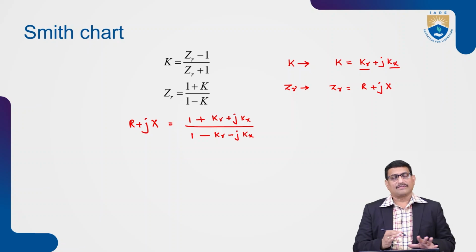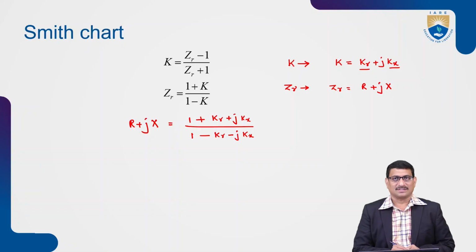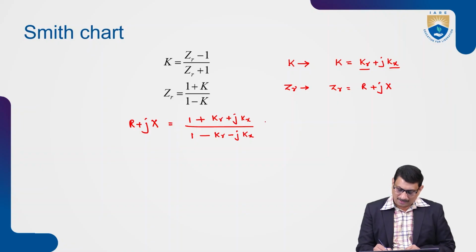Now I want to equate the real parts and the imaginary parts on both sides of this equation. To equate, I want to rationalize the right hand side term. So I multiply by 1 minus Kr plus jKx divided by 1 minus Kr plus jKx.